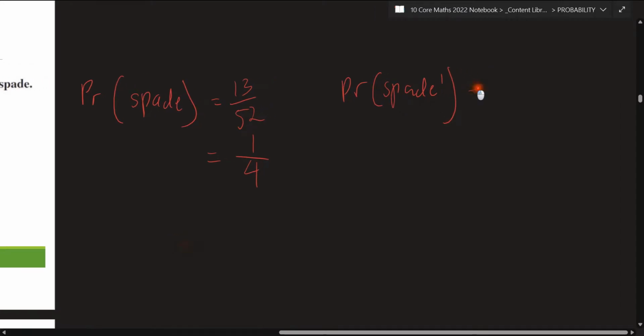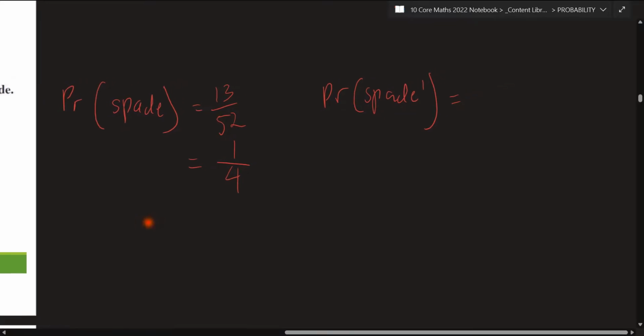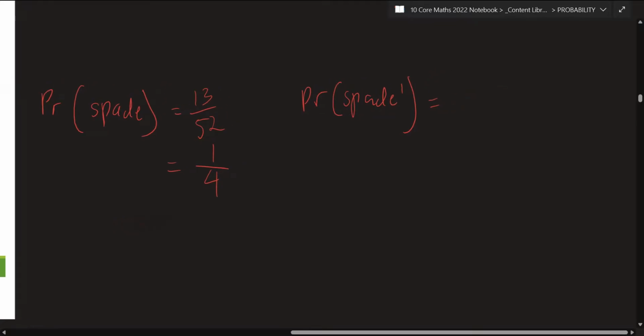What are the cards that are not spades? How many would that be? It'd be 39. So 39 out of 52. And does anyone know what that simplifies to? 3/4, yeah?